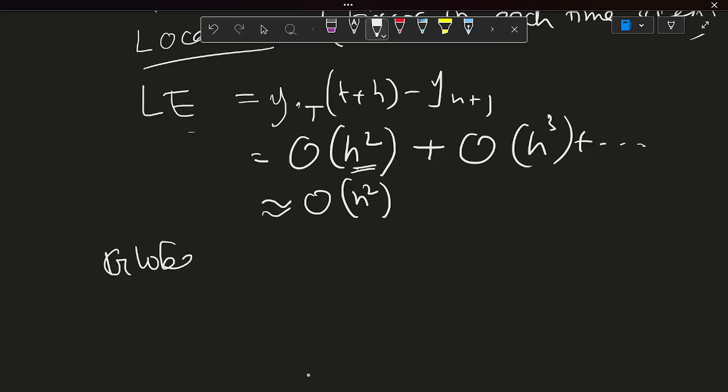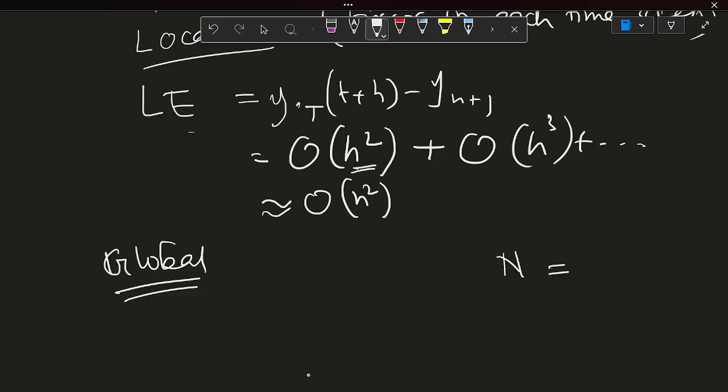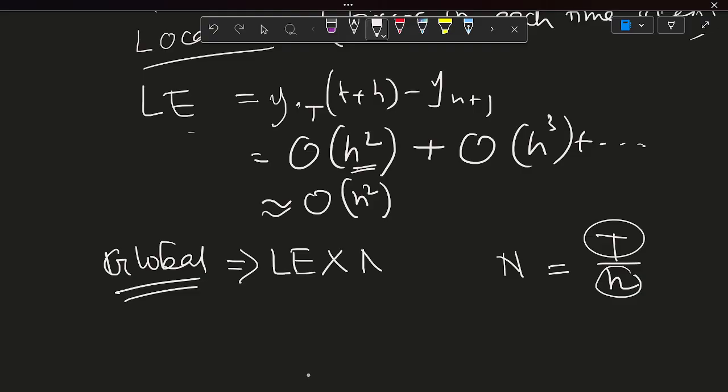Global error will be the error in total time. So how many steps are there? If there are n steps in total, then we can write n as T by h, because h is our time step and T is our total time. For global error, we have to multiply the local error with the total number of steps.